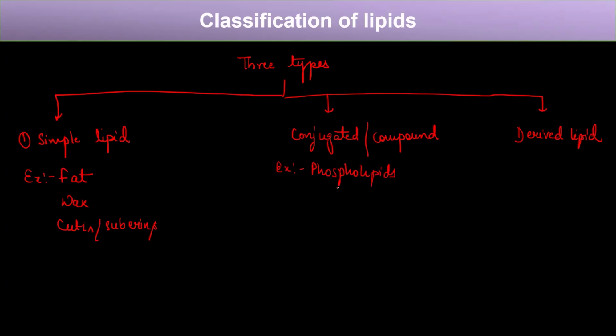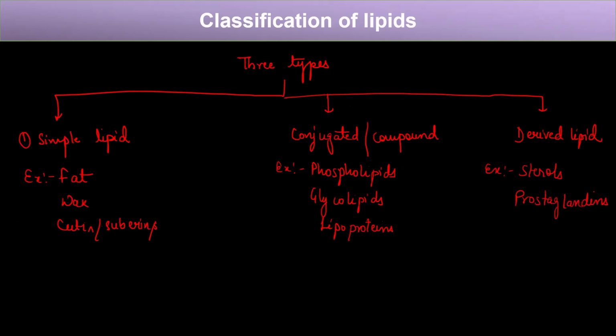So conjugated means they are attached or linked with a certain group, right? So phospholipids, glycolipids, lipoproteins. These are the examples of conjugated lipids. And derived lipids, examples are sterols, prostaglandins.